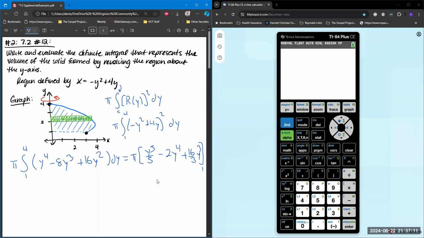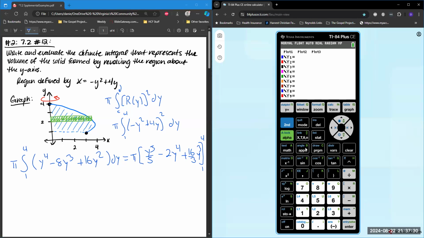Let's just check all that again. Negative 8 divided by 4 is negative 2. That's right. So I'm just going to show you how to more easily do this in your calculator.